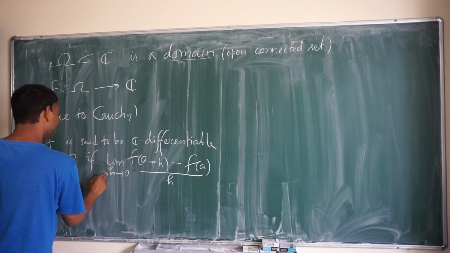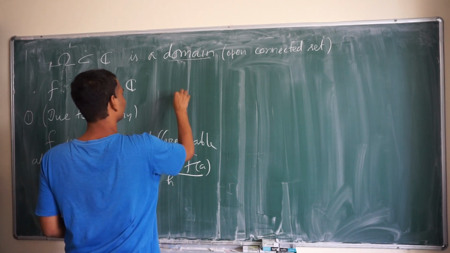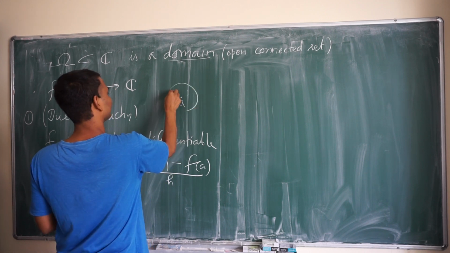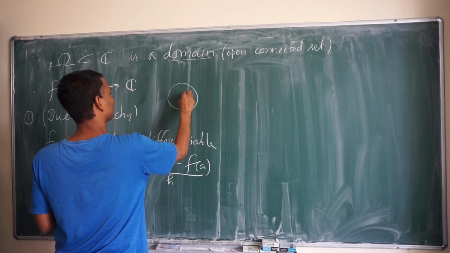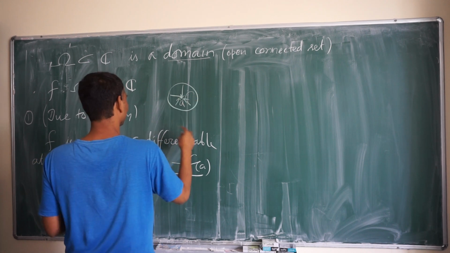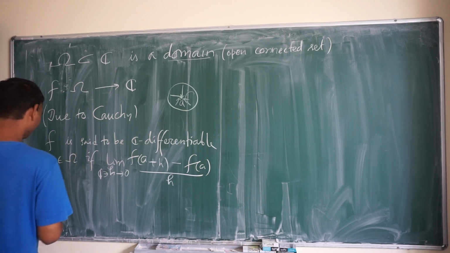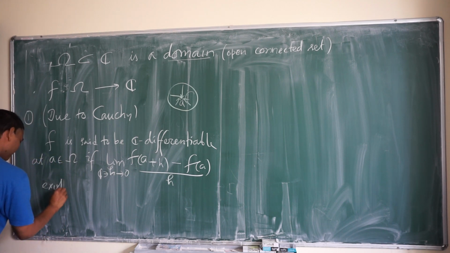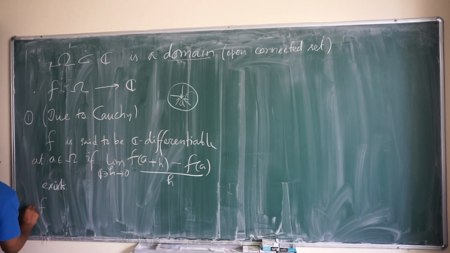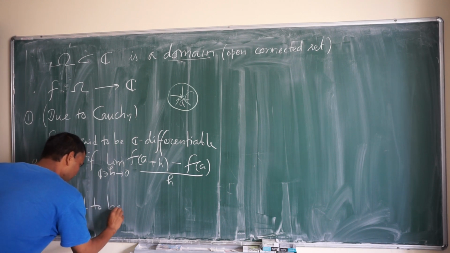Note the limit at h should be in C. So suppose this is a point a, and there are several directions from where h can come to 0, so that a plus h comes to a. This limit exists, and f is said to be holomorphic.